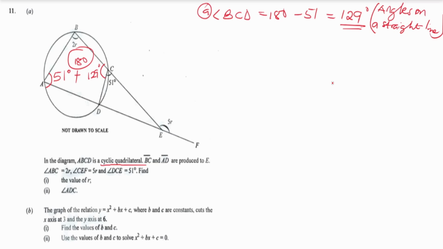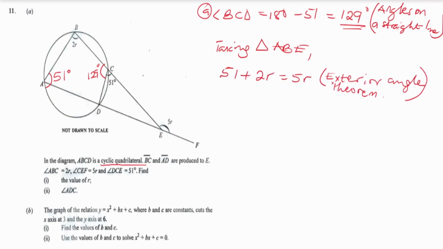Now, taking triangle ABE, you see that this angle plus this angle should be equal to this angle here. Here we are using the exterior angle theorem. The exterior angle theorem of a triangle says that the exterior angle of a triangle equals the sum of the two remote interior angles. So let me just state that quickly.